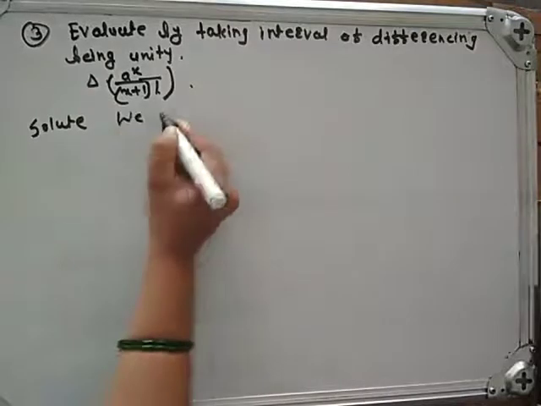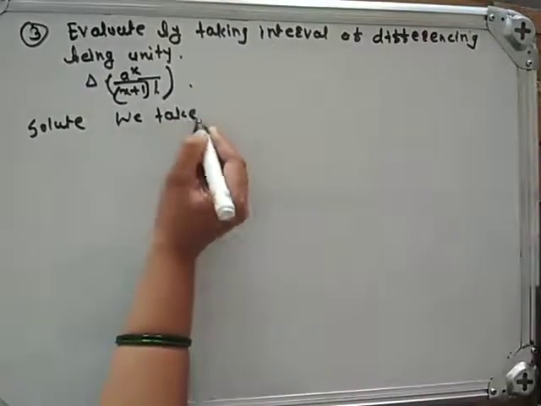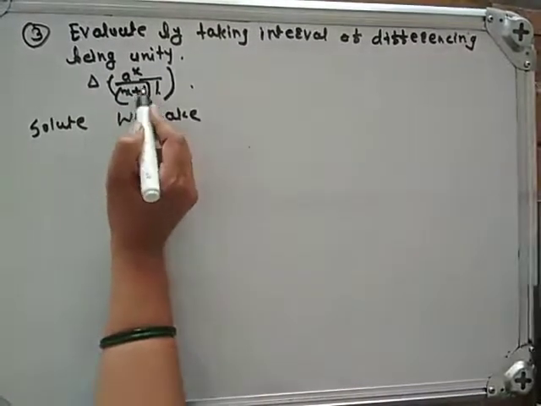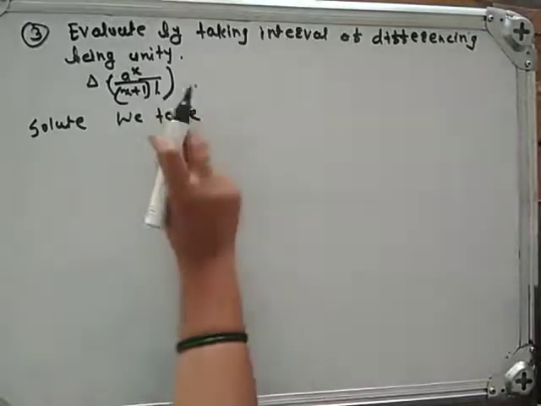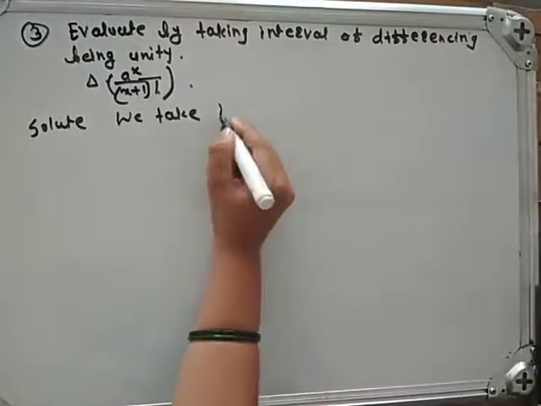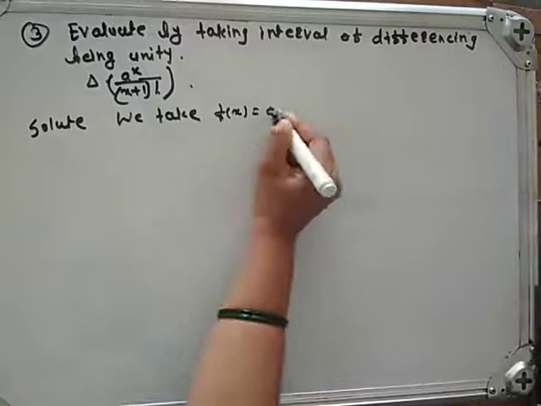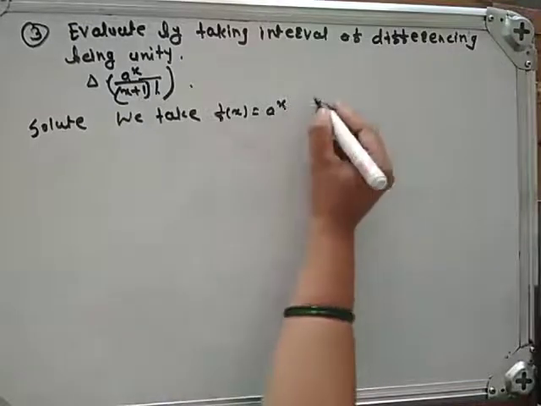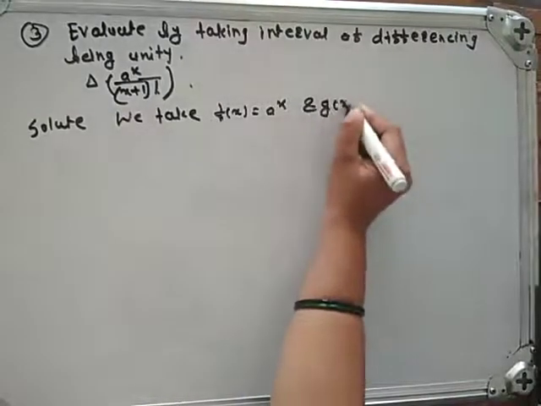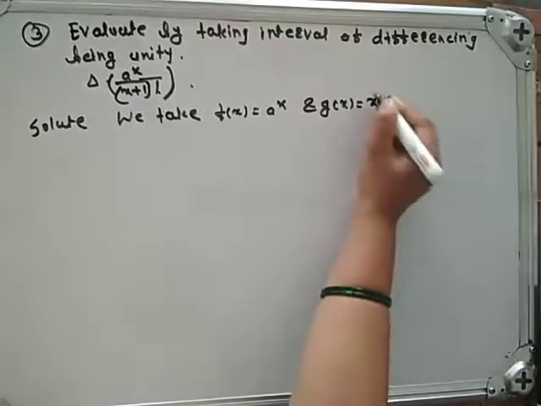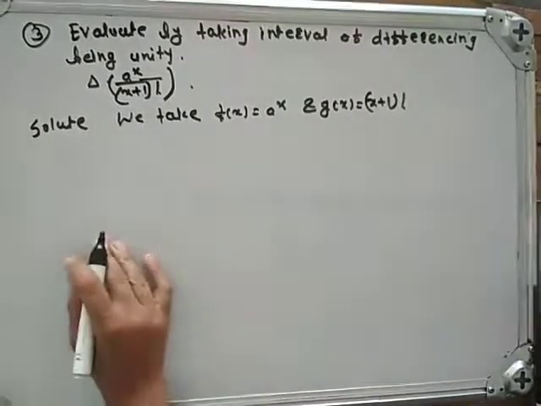We take this as a raised to x upon x plus 1 factorial. So here we take f of x is equal to a raised to x and g of x is equal to x plus 1 factorial. Okay.